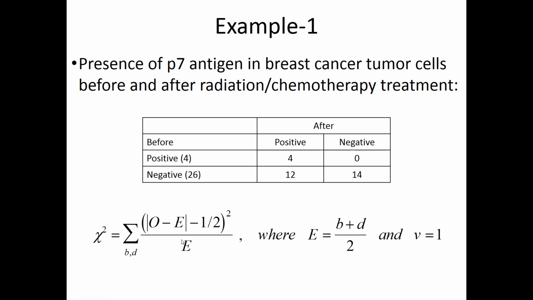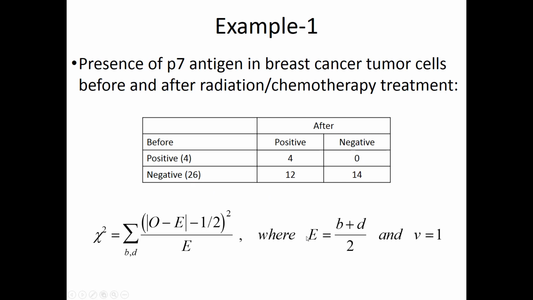So in our example, we can look at the presence of P7 antigen in breast cancer tumor cells before and after radiation chemotherapy treatment. The numbers that we're interested in are those that were positive and changed to negative, and those that were negative and now changed to positive.